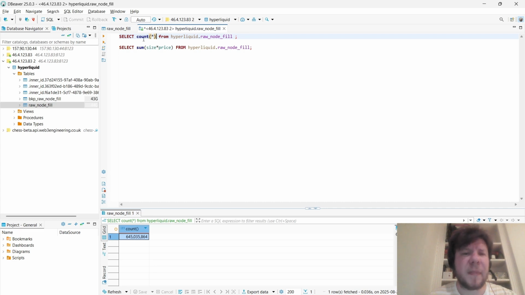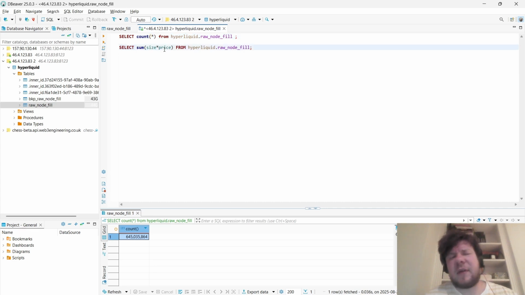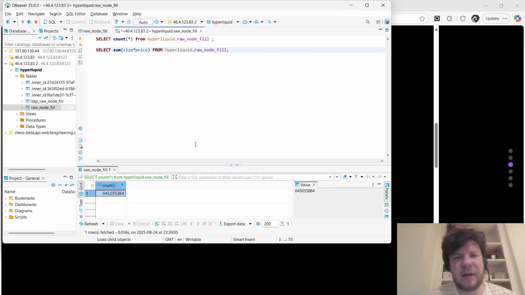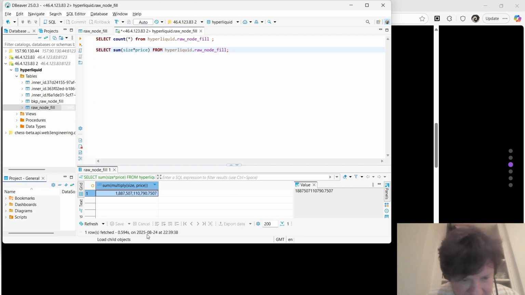Just to show what ClickHouse is capable of, if you haven't seen it: half a billion rows, and we want to get the total notional amount of all of the trades in the last 4 months. Not really an interesting query, but what is important is that it was executed in less than a second.